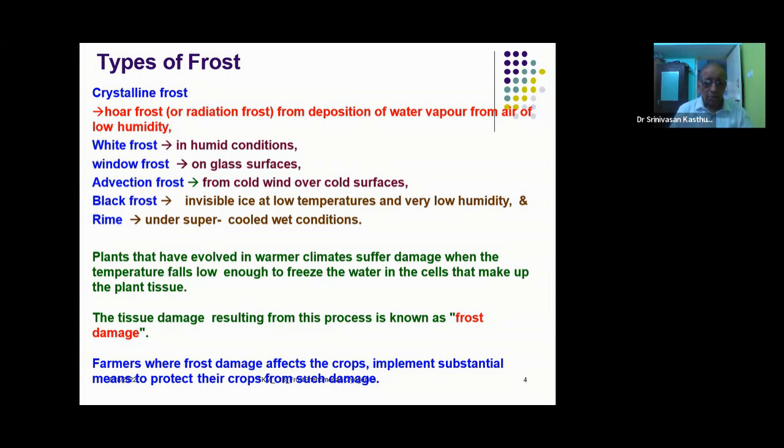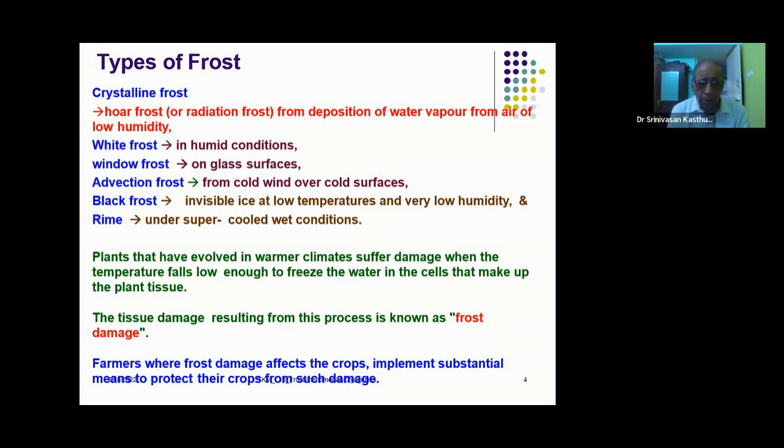It is nothing but an invisible ice at low temperatures and also with low humidity. There is another type of frost called rime that happens under supercooled wet conditions. So these are the types of frost which one normally encounters, starting with hoar frost, white frost, window frost, advection frost, black frost, and then rime.